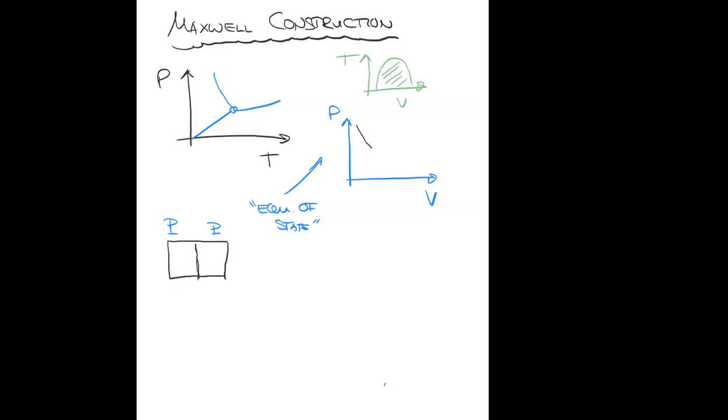So now imagine you displace that partition ever so slightly. It moves, by some random fluctuation, to the right a little bit. What we expect to happen is that if you make the left volume a little bit bigger, then the pressure drops. And here the pressure increases.